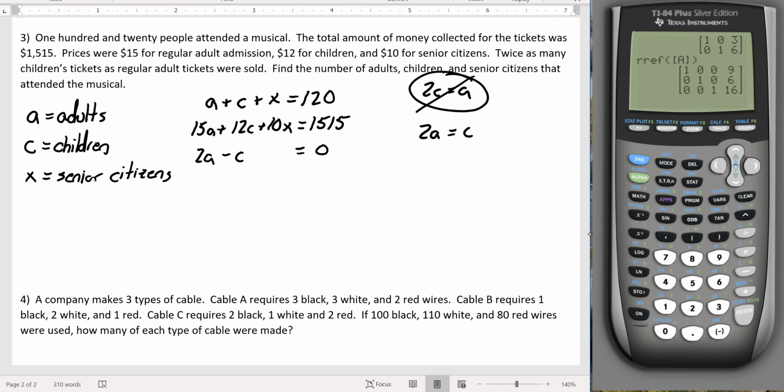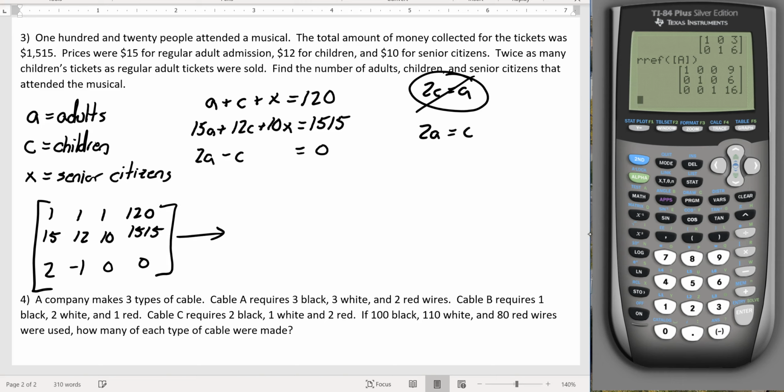All right, so from that, I can go ahead and create our augmented matrix. So 1, 1, 1, 120; 15, 12, 10, 1,515; 2, negative 1, 0, and 0. All right, let's RREF. Put it in this calculator. Let's see what we got. So second matrix, go over to math.